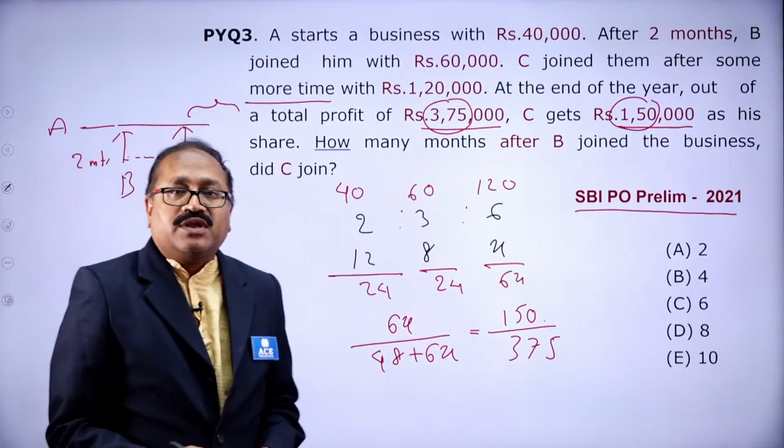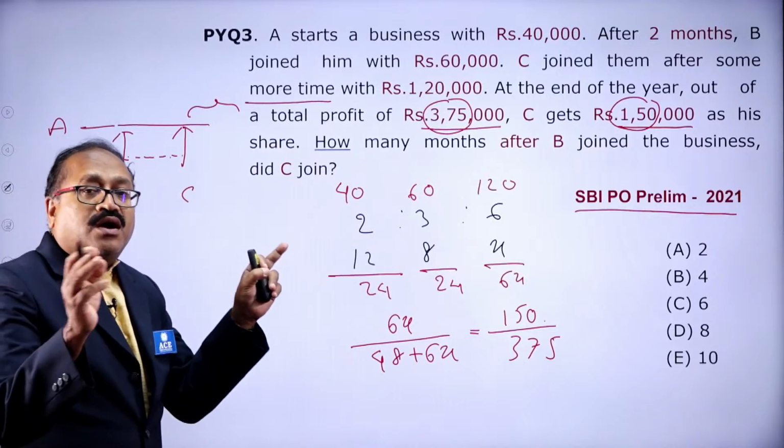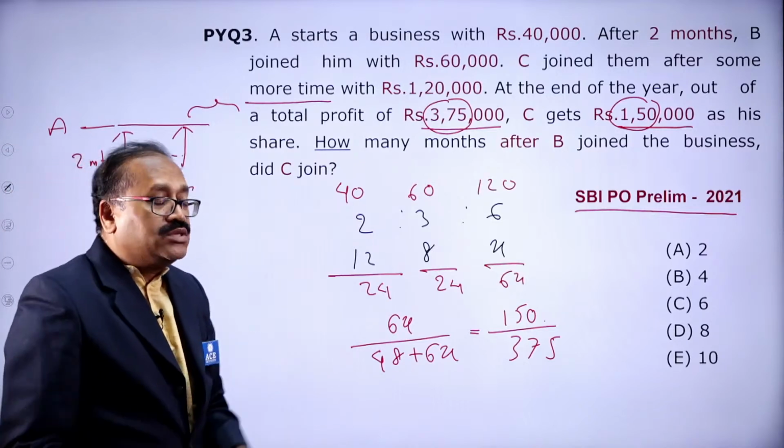By solving this, I will get the x value. And once I get the x value, I can find out after how many months C joined after B.